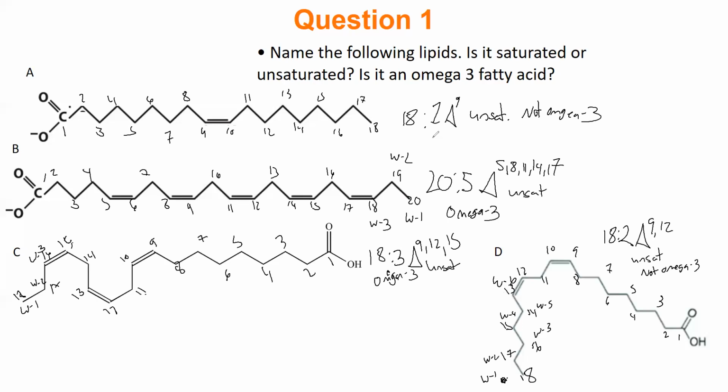Any questions about that? Would A be? So technically A, you could call an omega-9, but usually people just say omega-3 and omega-6 for classes because those show benefits inside the body.